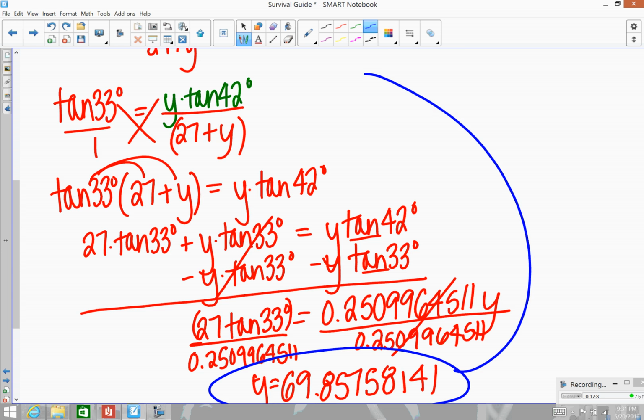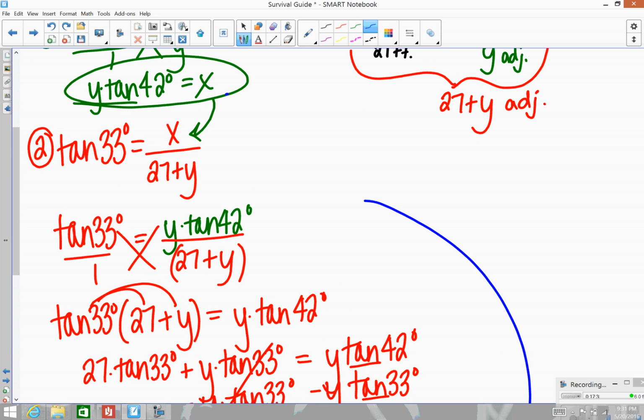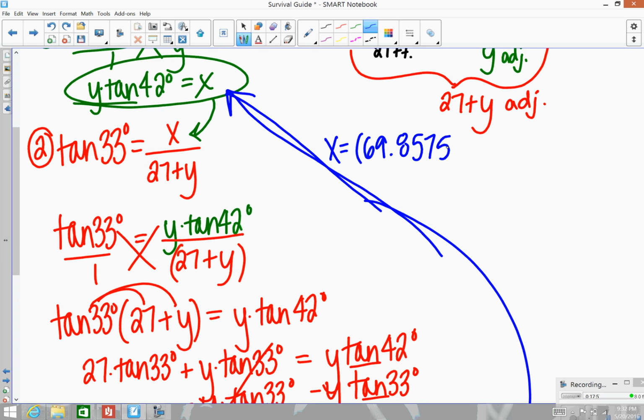So this is going to come back into this equation right here, because in this equation, I already have x by itself. So I'll find x by plugging y in. Instead of y, I'm going to plug in what we just got for y, which was 69.85758141, times tan of 42.